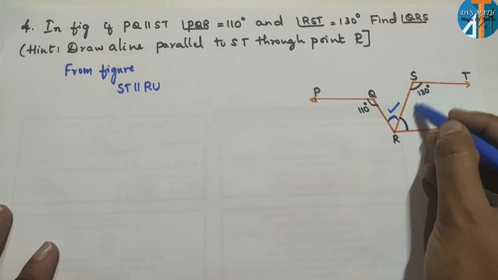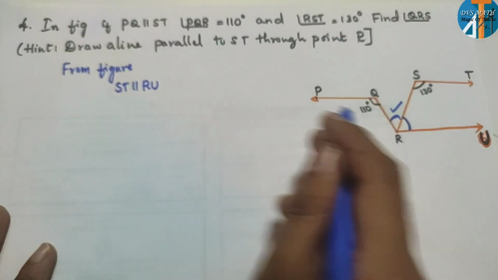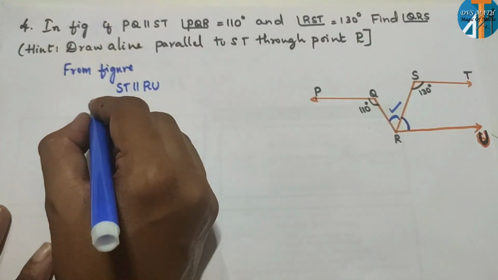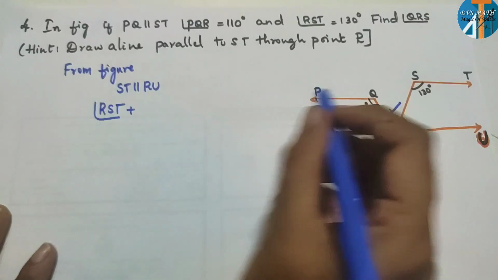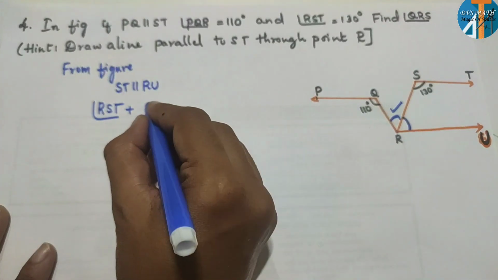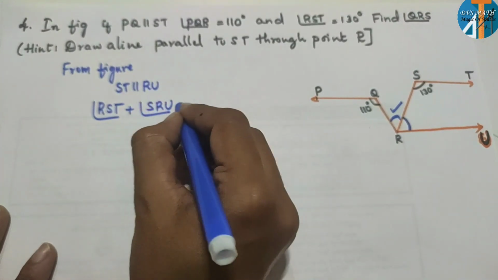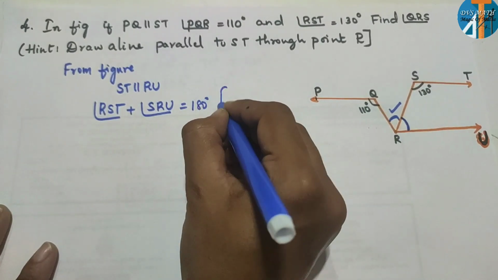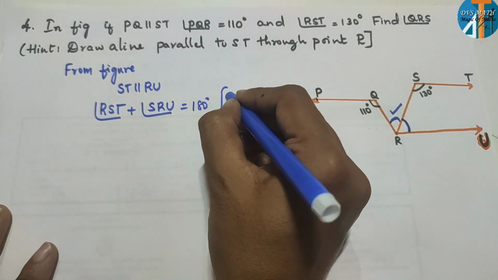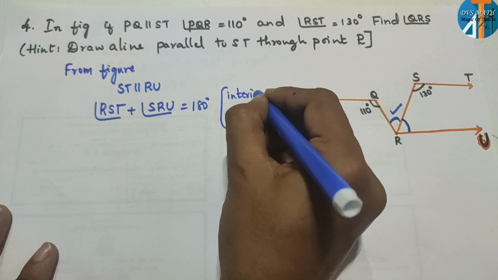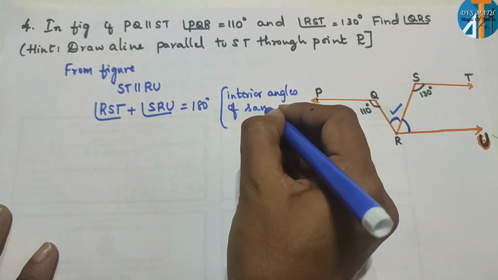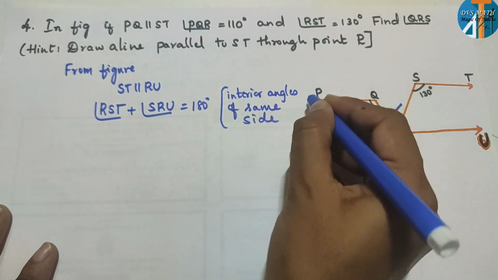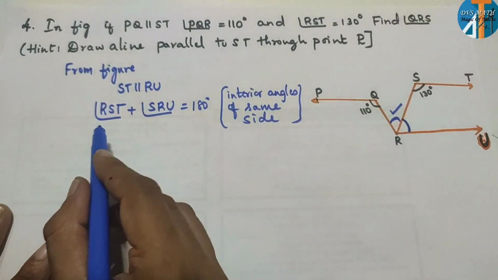Now what happens to these two angles? That is RST plus SRU is equal to 180 degree. What can I write? Interior angles on the same side of the transversal. Now let us substitute.